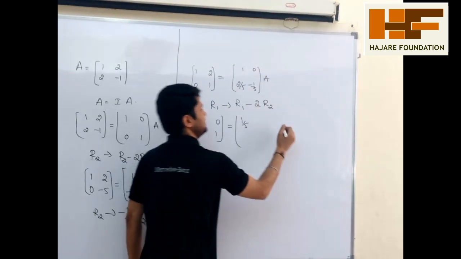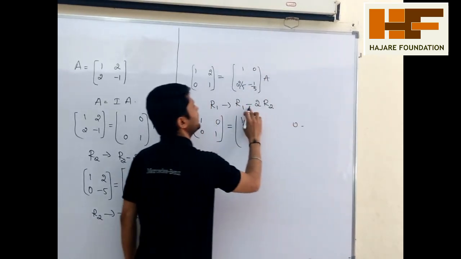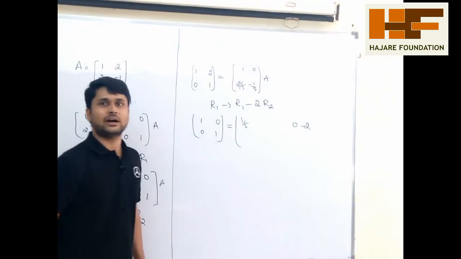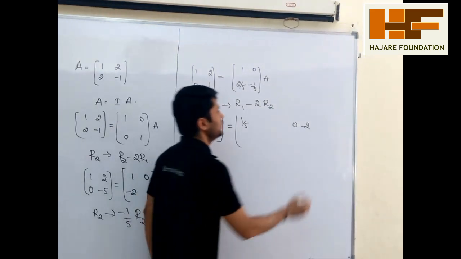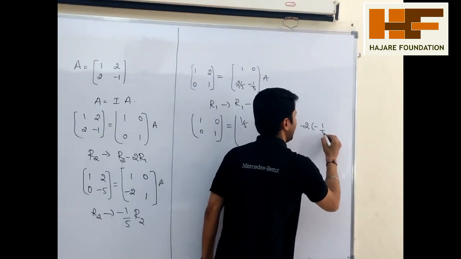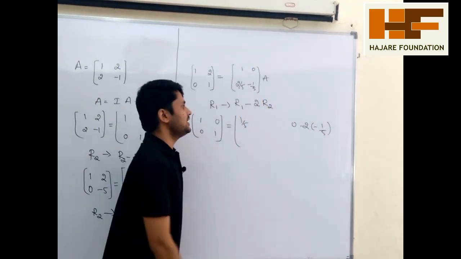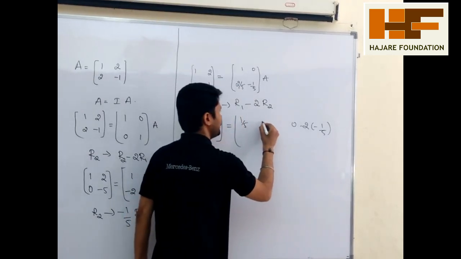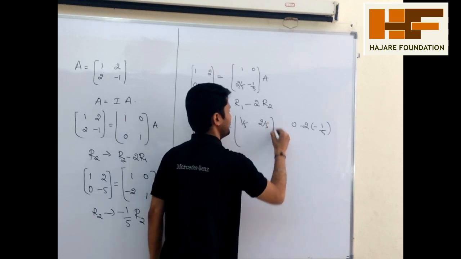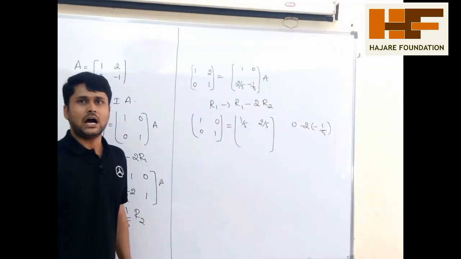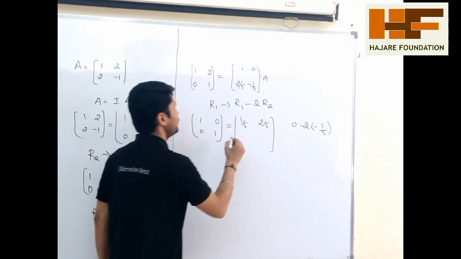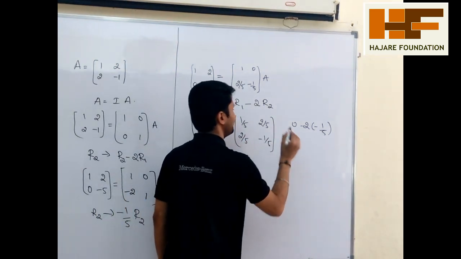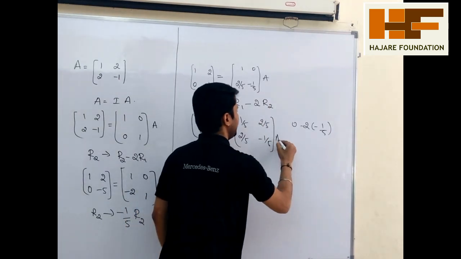R1 element 0 minus 2 times R2. 2 into the corresponding R2 element, 2 into minus 1 by 5. Simplify the term, minus minus becomes a plus, 2 by 5. Write the R2 row as it is, 2 by 5, minus 1 by 5. Write A as it is.